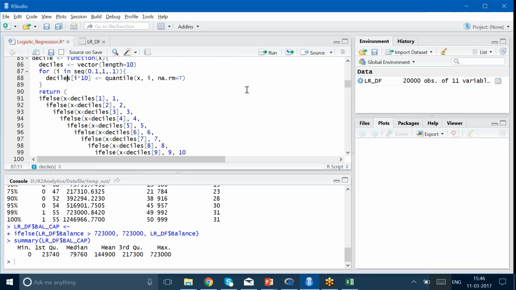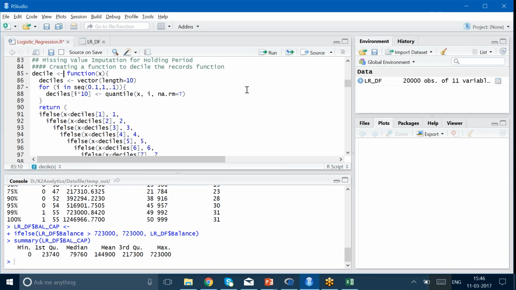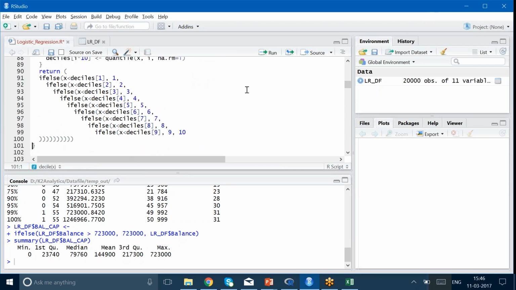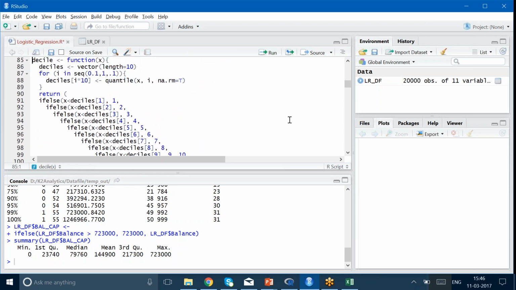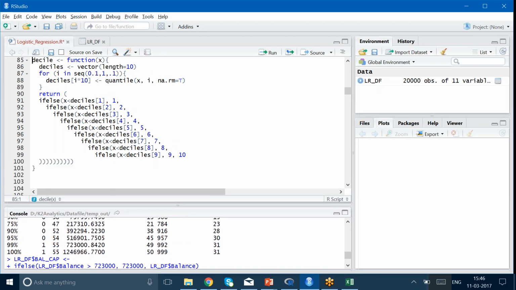Let's run the code. Here I've got a deciling function. We'll directly compile this function and I'll explain what it is doing. This function splits the data into 10 buckets such that each bucket has 10% of the data.